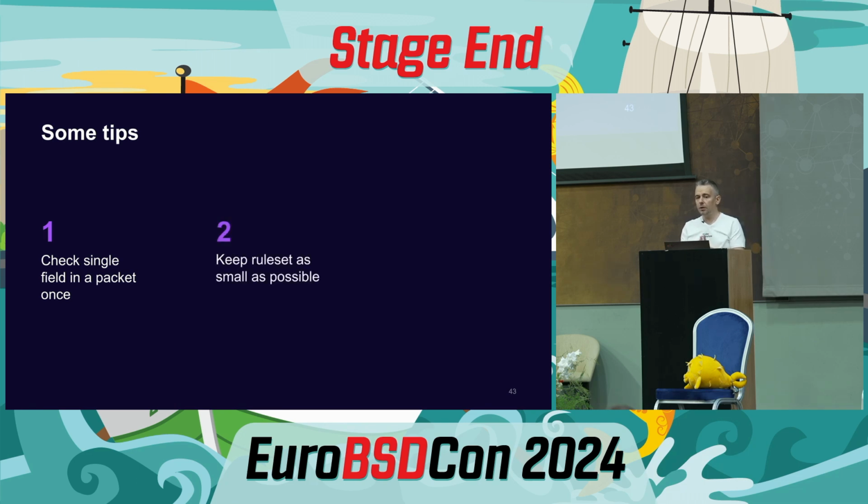As we know, rule set inserts and deletions are slow. Keep the rule sets as small as possible. Well, we do have like 100,000 rules. We consider it not that small a firewall rule set, but still. Keep the firewall rule set small with the help of tables, and you know what? Mark rules, use them.